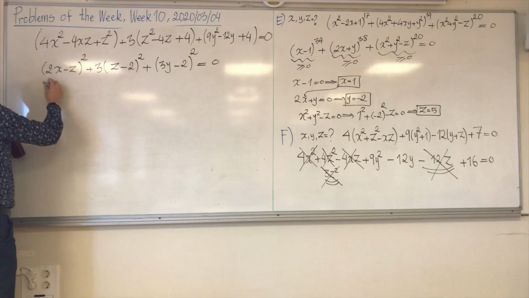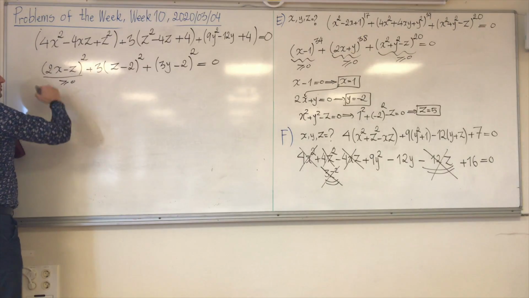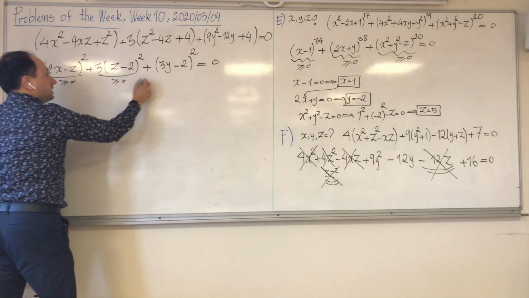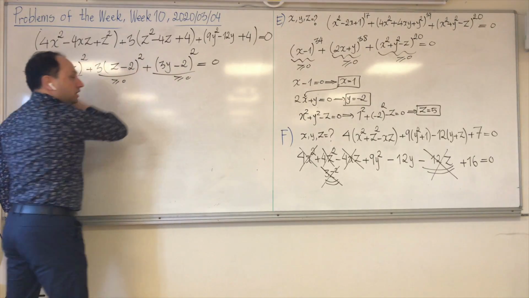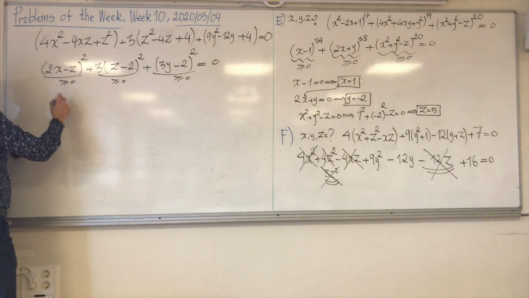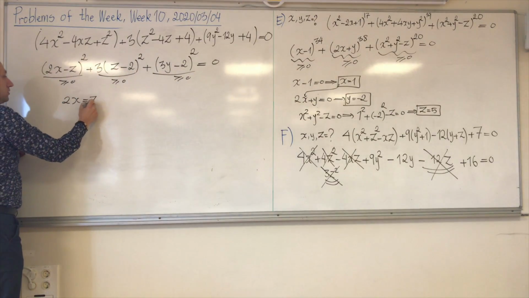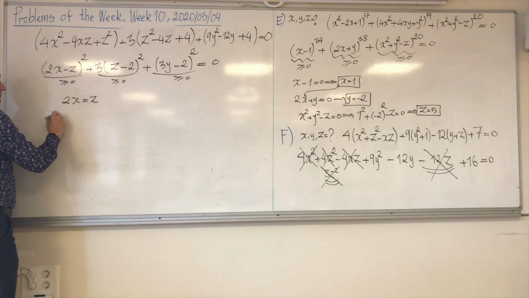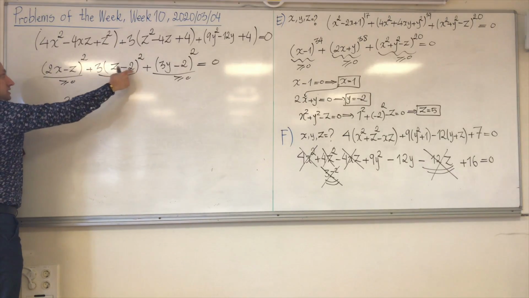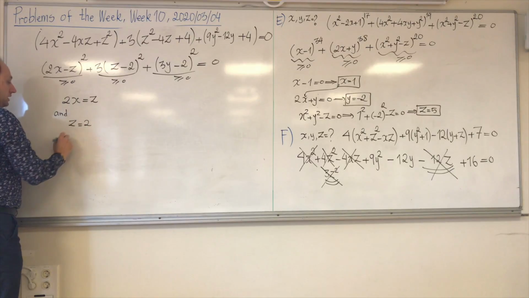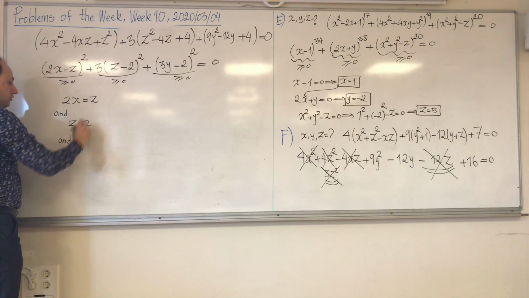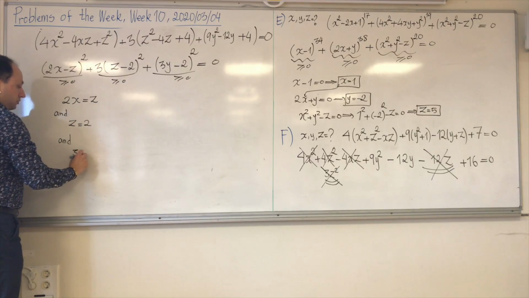So this means non-negative, power 2, even power, non-negative, non-negative. So each one of them has to be equal to 0. This gives me that 2x has to be equal to z, and z has to be equal to 2, and 3y should be equal to 2.